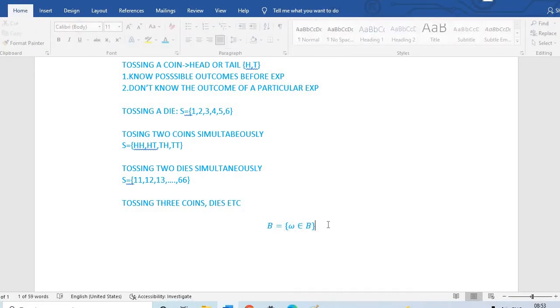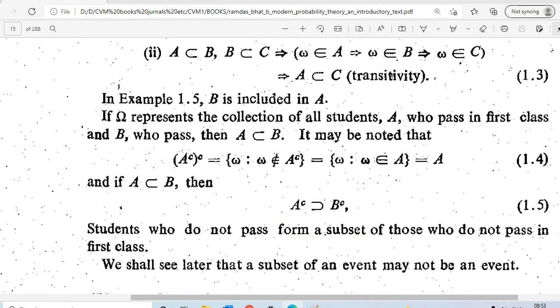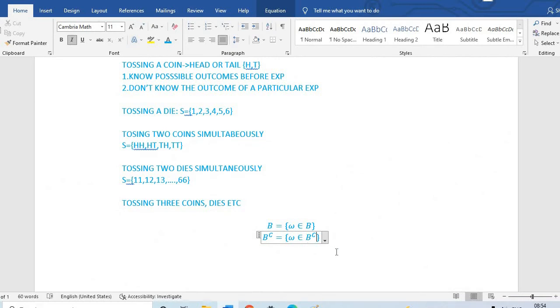Now what is B complement? Set of all omega that belongs to B complement. And let us consider this B complement as another set.